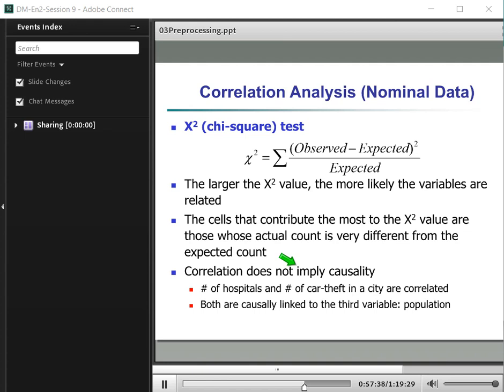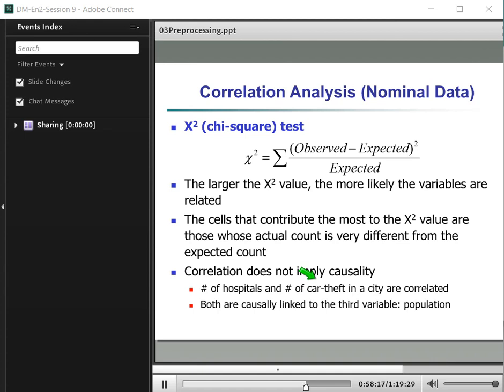However, we should be careful if we find some correlation between different attributes. I have two attributes and I applied the chi-square test and found that they are related. They have some correlation. But this correlation does not mean that there is causality between them. It does not imply causality.